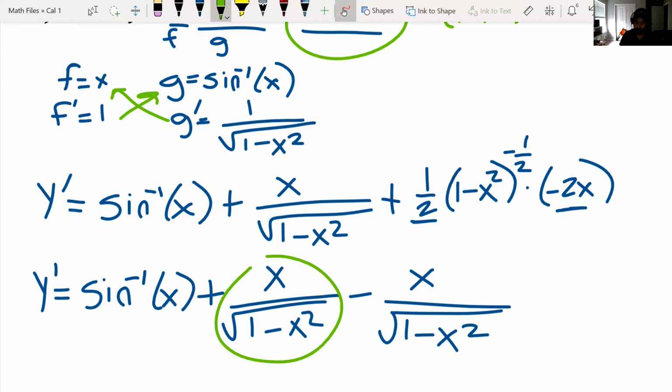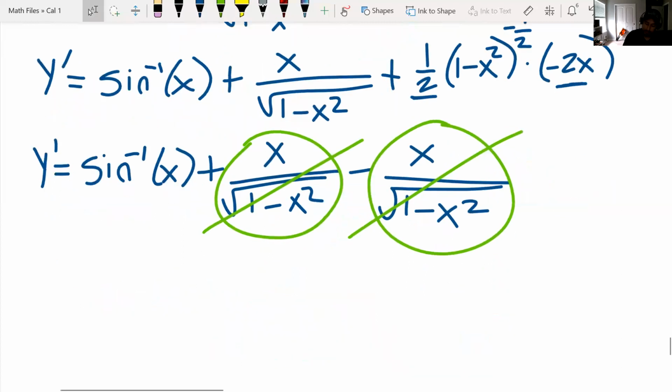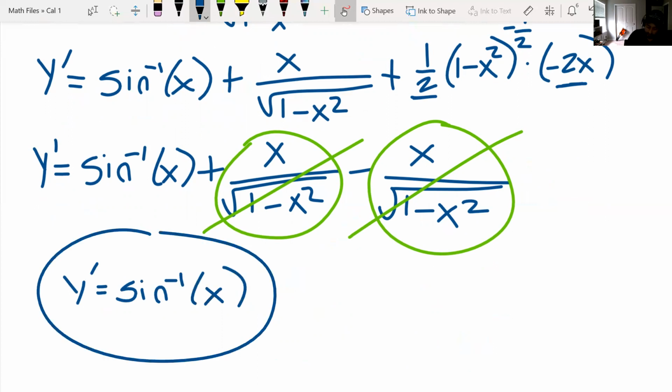X over the square root of 1 minus x squared minus x over the square root of 1 minus x squared. Gone, gone. And guess what? Y prime is just the inverse sine of x. Terrible, right? But you learn.